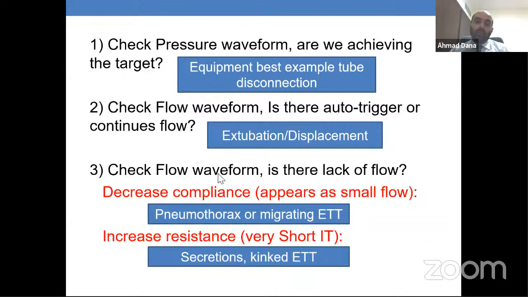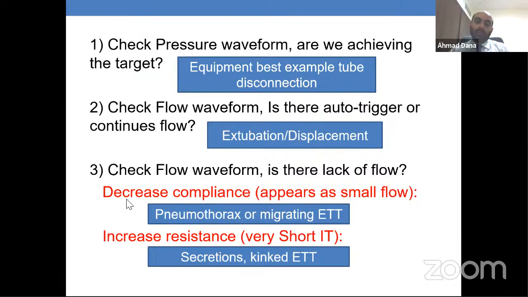Now, if you check the flow wave and you have lack of flow, what does it mean? The flow should come up, as we said, to 0 and come down. Now, if you see that the whole waveform is small, there is a lack of flow, there is no flow going inside to the baby.